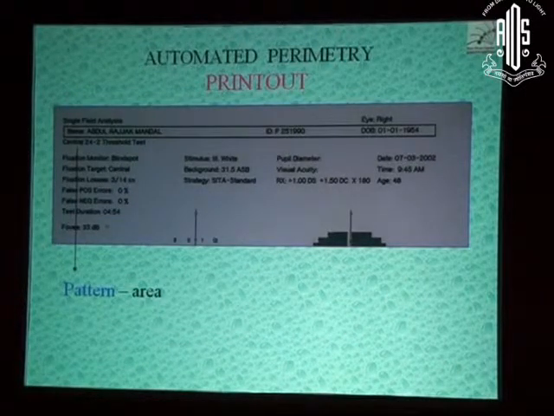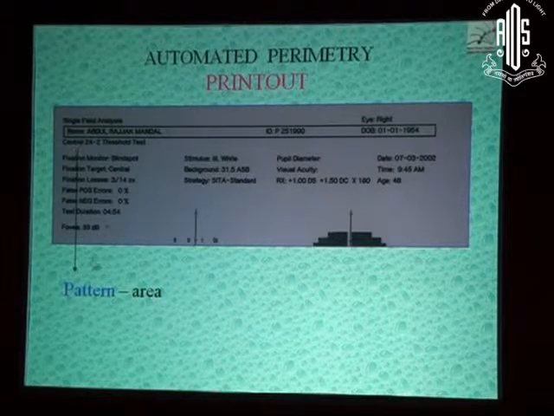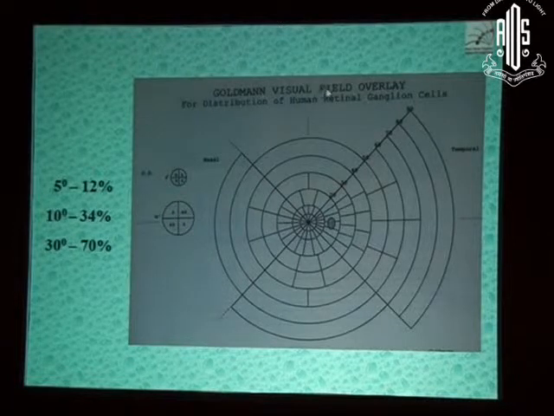The different areas, it is written here, central or peripheral, and the areas may be 24-2, 30-2, 10-2. You have heard about this. This is the Goldmann visual field overlay, just to find out the ganglion cell distribution from the center of the fovea to the outside. Each enclosed area is 1%. You can find the centers are more concentrated.